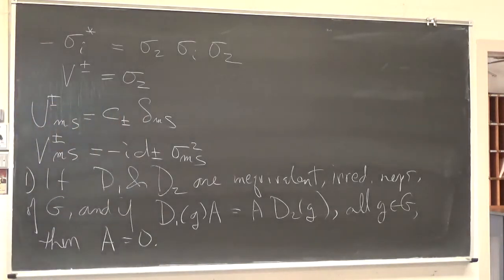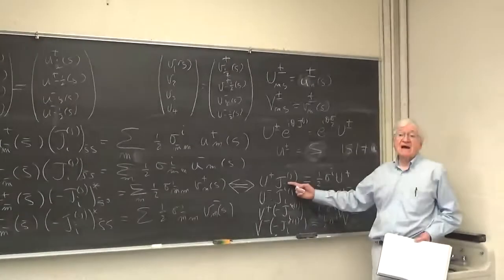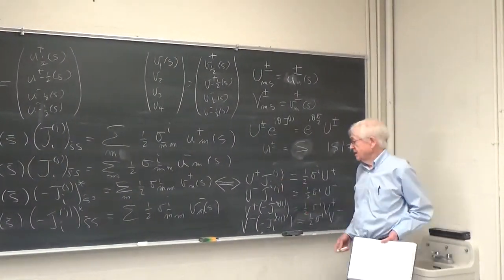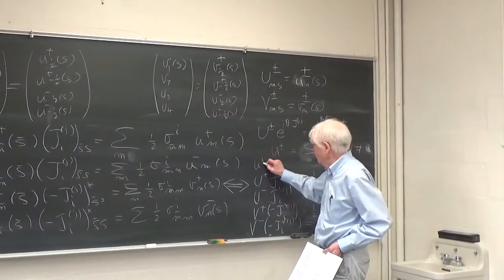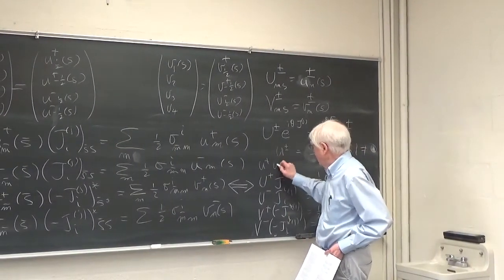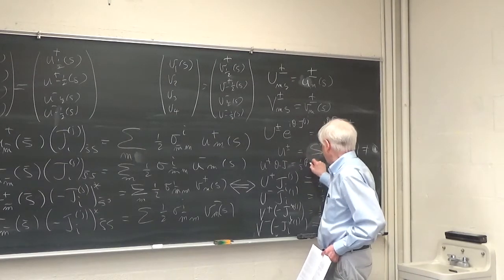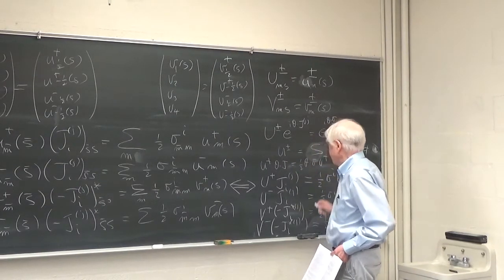Okay, so let's go back to this case. This is what we had to start with. Then I said you could multiply this by i theta dotted into J. So you'd have something like this, U plus, theta dot J is a half theta dot sigma, U plus.